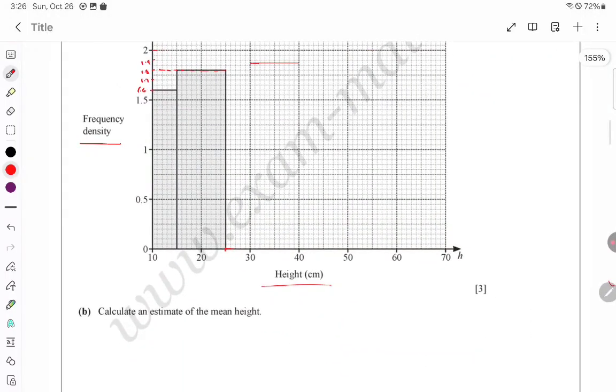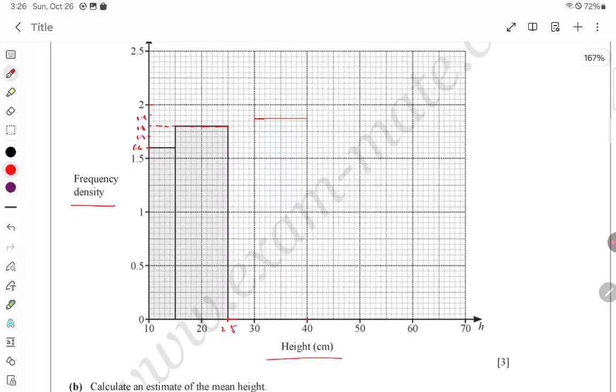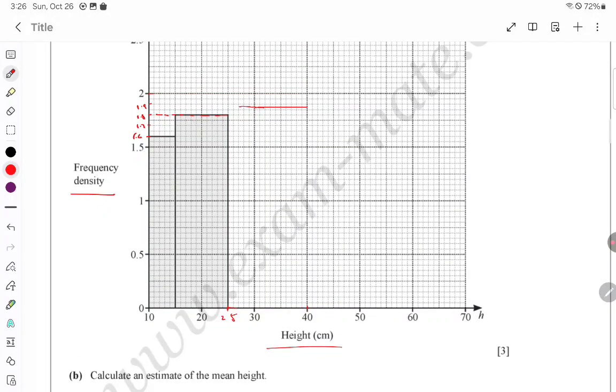So this is our 25 and this is our 40. So from here, a little bit to the left-hand side, this becomes our frequency density at 28 frequency.